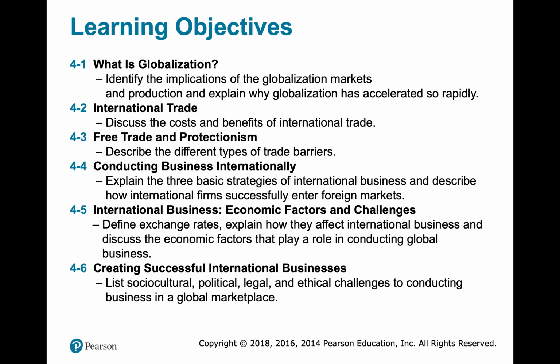Then the third objective is free trade and protectionism. So when we try to compete in a world market, it means that we have to use everything available, all our resources that we have. So what we have to consider is, are we utilizing all that we have at an optimum level?